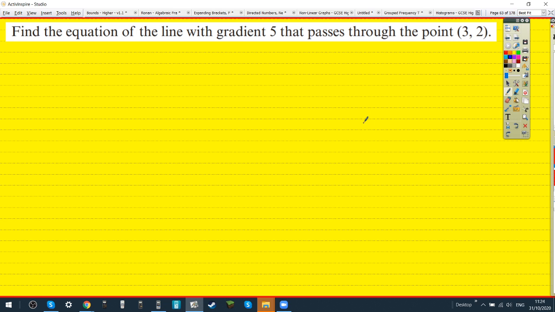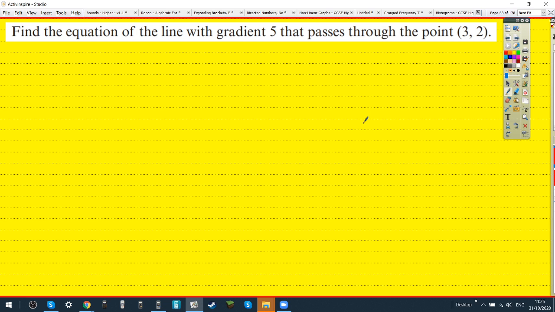So it has to pass through 3, 2, the line. Yeah, it has to go through 3, 2. So we know the gradient.